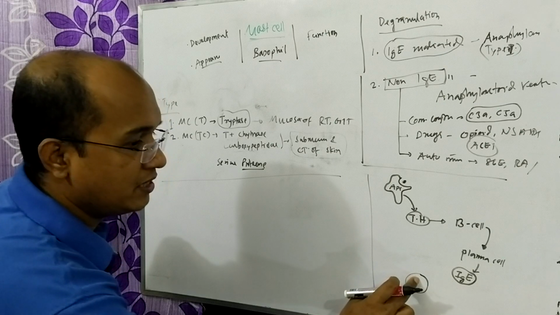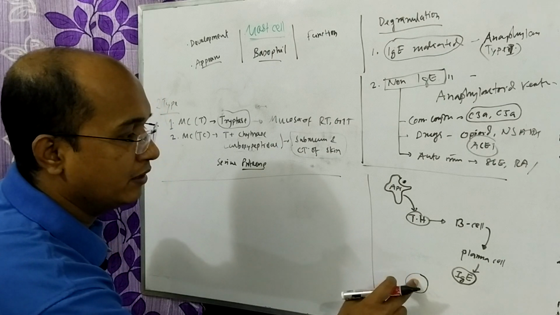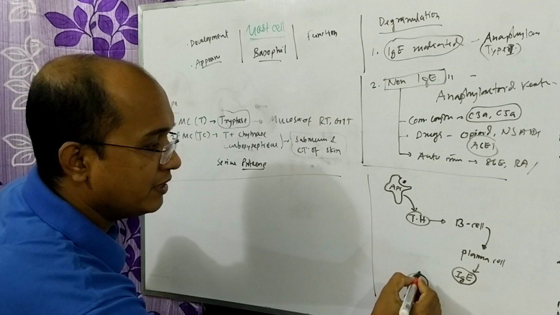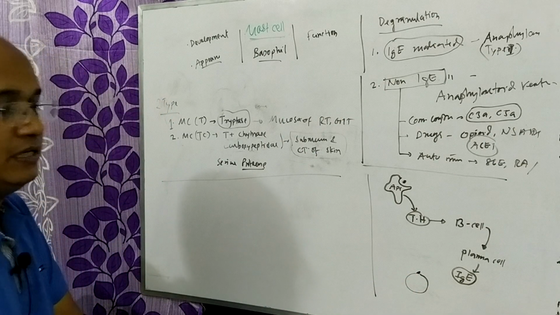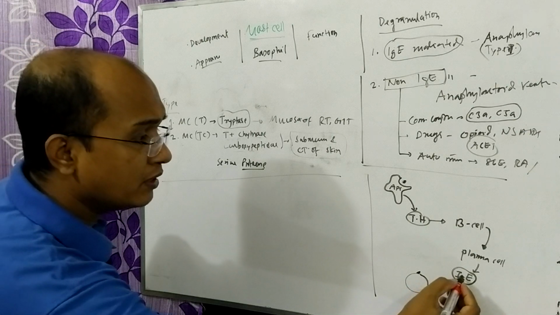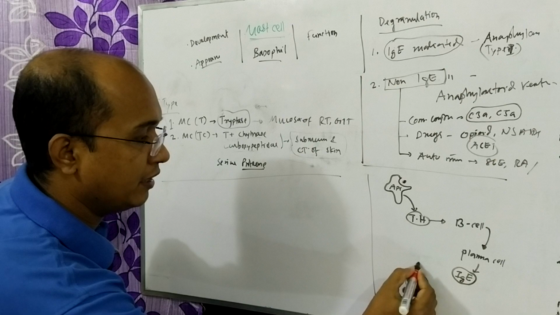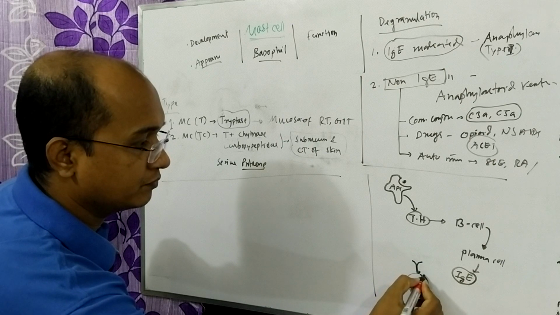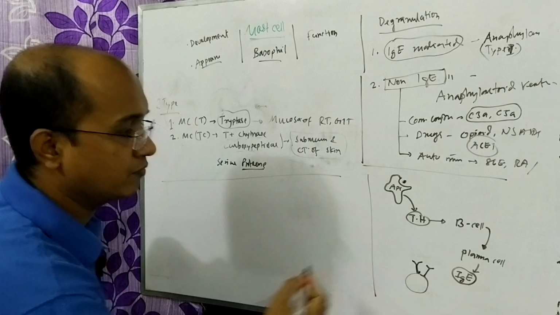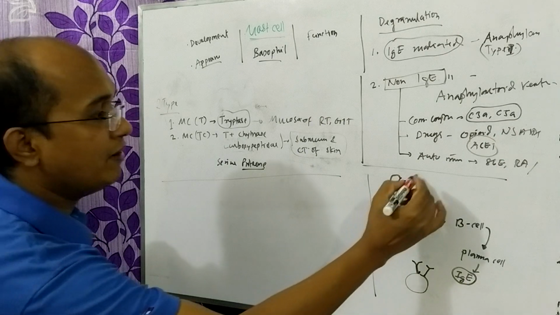So this is the mast cell or basophil, and its cell surface contains the receptor for IgE. So this produced IgE will be attached here like this. So this is the first attack.